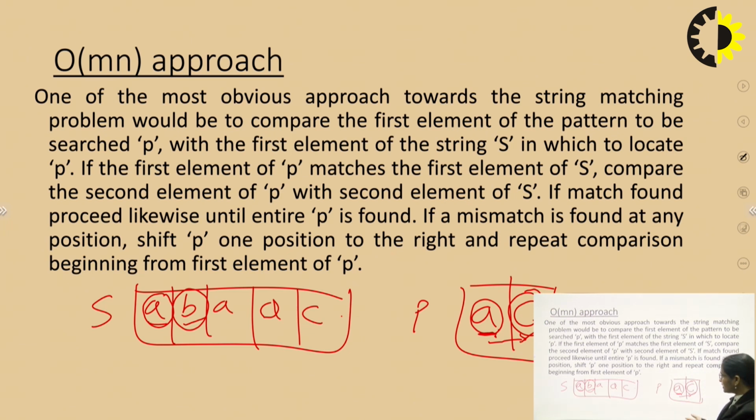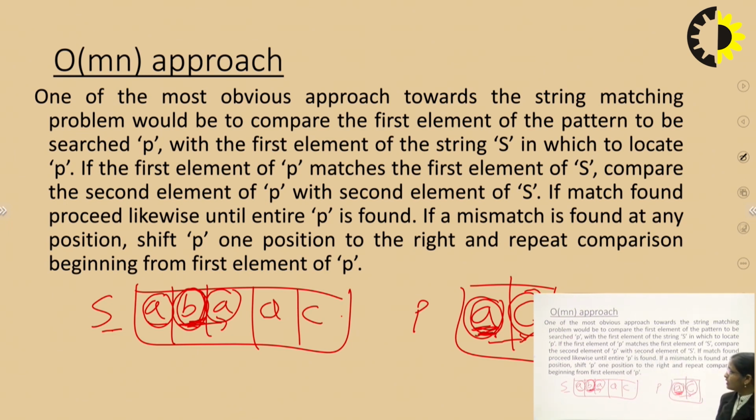If it does not match, then we have to move back and again compare the second element of the string S, that is B, with the first element of the pattern. If it matches, then we move forward, but in this case it doesn't match, so we move forward and take the third element of our string and the first element of our pattern.